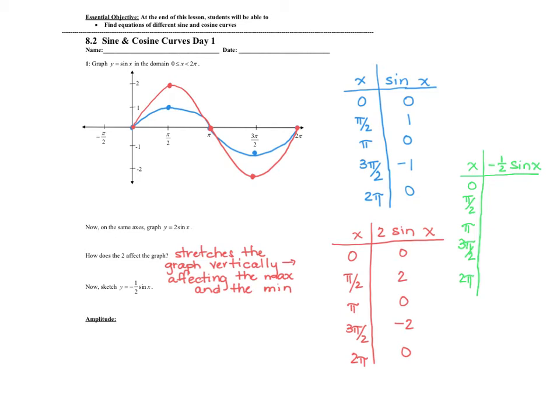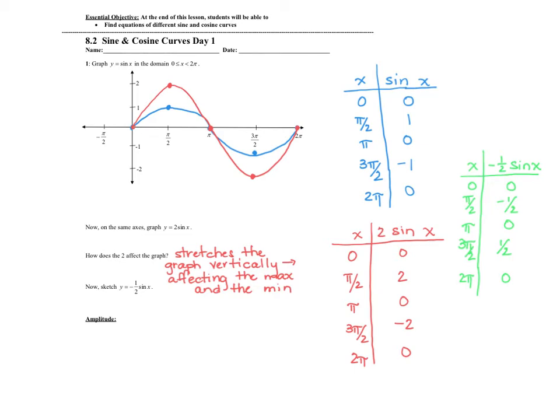So if the sine of x is 0 and I multiply by negative 1/2, still 0. Sine of pi over 2 is 1. I multiply by negative 1/2, that becomes negative 1/2. Sine of pi is 0 multiplied by anything, still 0. Sine of 3 pi over 2 is negative 1 times negative 1/2, gives me positive 1/2. And sine of 2 pi is 0, and again multiplied by negative 1/2 gives us 0.